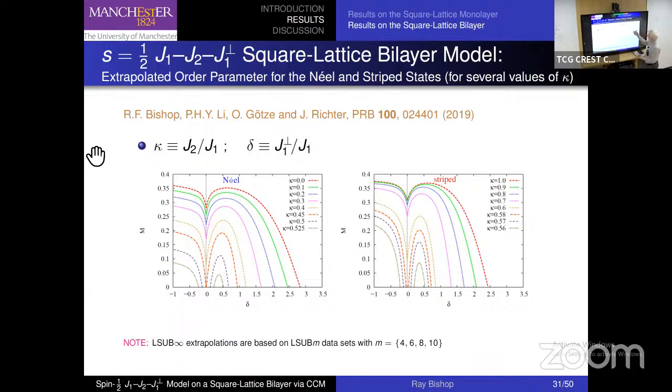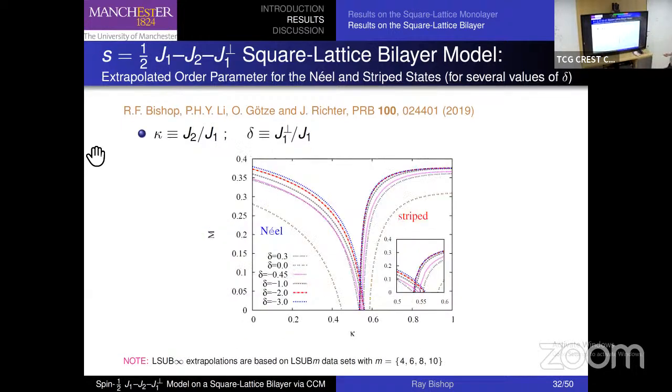The same thing happens over here for striped, and you get a very similar picture. This yellow guy is at 0.6. This red guy is at 0.58. And so that's where the striped order originates, at the value of about 0.59 that I was telling you about before.